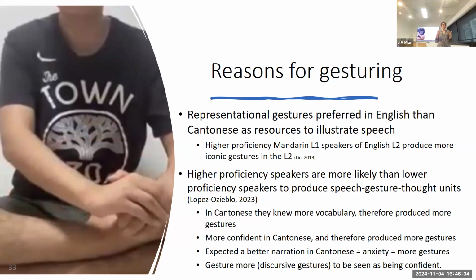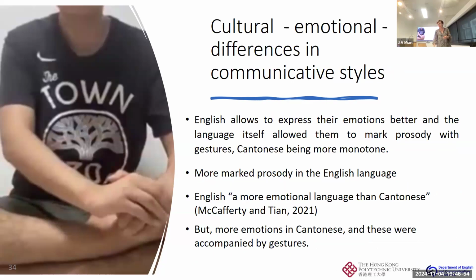And the other thing is that because Cantonese was their L1, they thought that we expected a much better narration from them in Cantonese than in English. So they were more anxious, and that is why they produce more gestures. So, anxiety gestures. We have two key ideas here related to emotion, anxiety and confidence, which might help us a little bit to explain some of the results that we have been seeing throughout the 3 years.